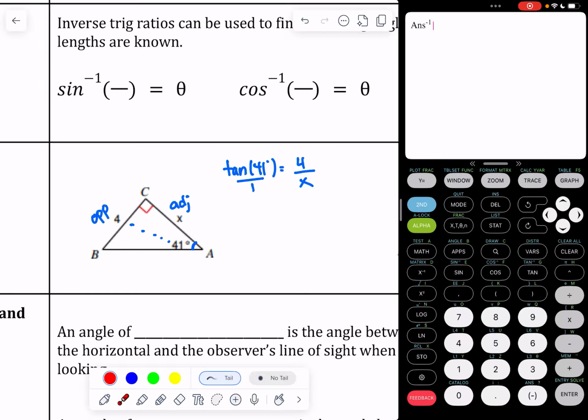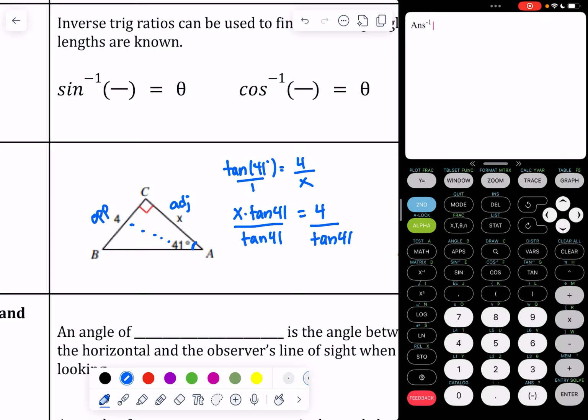That way we can then cross multiply our two sides. And doing it this way just can help you have a consistent strategy no matter what, because we can always set it up to cross multiply no matter if x is in the denominator or in the numerator. So if I do that, I'll be left here with x times tangent of 41 equals 4. And then from here, if I want to get x by itself, I need to divide by tangent of 41 on each side.